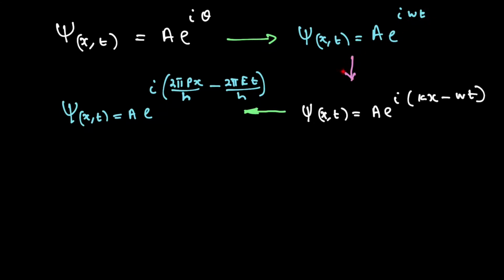And from then, we managed to change that into kx minus omega t, and now k and omega are being replaced with 2 pi p over h and minus 2 pi E over h.